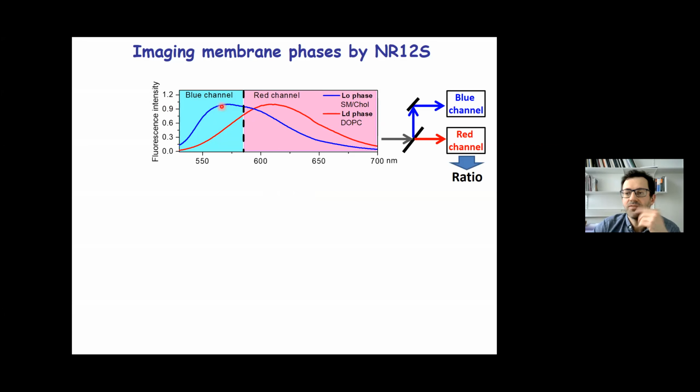And this shift means the real emission color changes. But for microscopy, it is much easier to study color changes by recording two channels, by splitting with a dichroic mirror into the blue channel and red channel. So you do the splitting somewhere in the middle between these two maxima. And then, like this, in the ordered phase, you will see more signal in the blue channel.